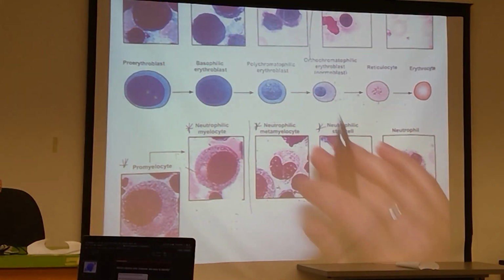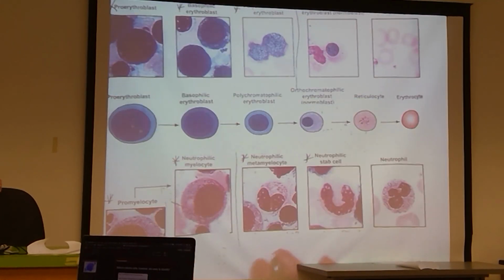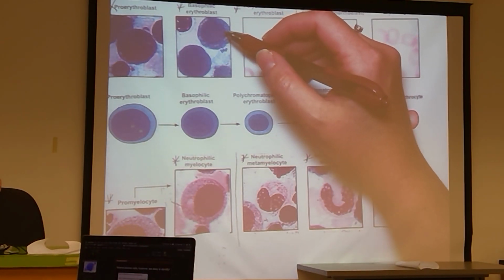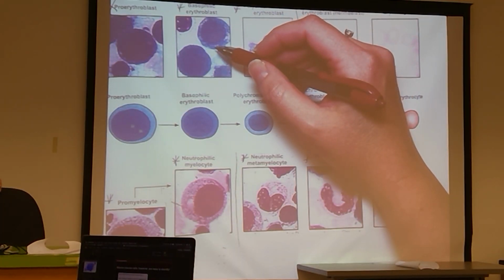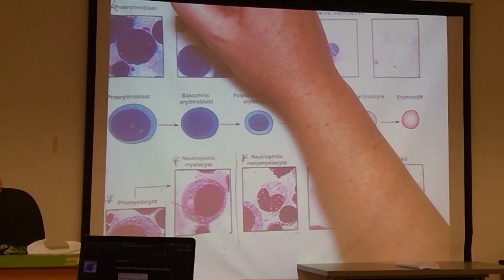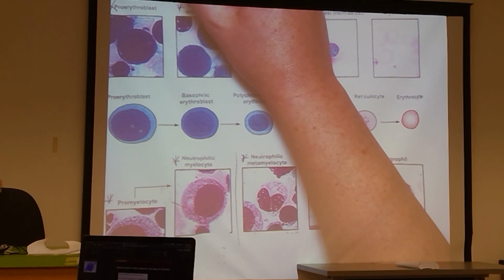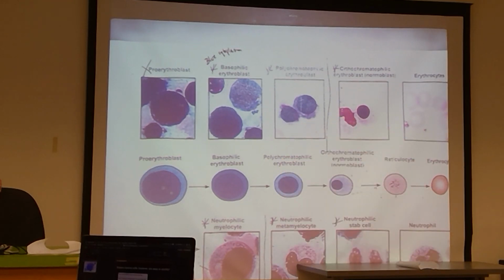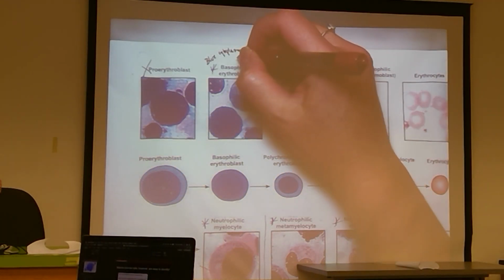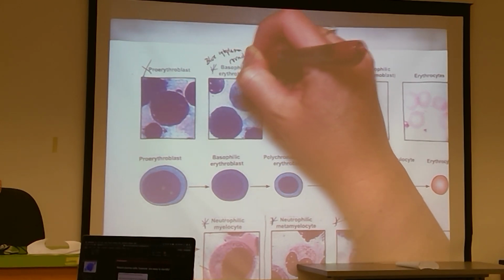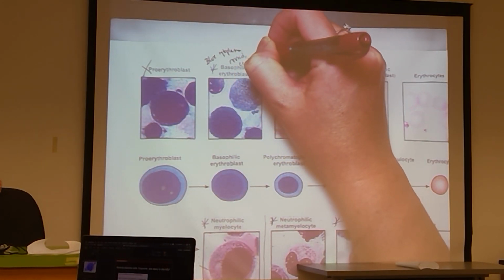We're not going to look for the proerythroblast, but we will look for a basophilic erythroblast. So this one, you want the kind of blue cytoplasm. And this one has more of a round centered nucleus.